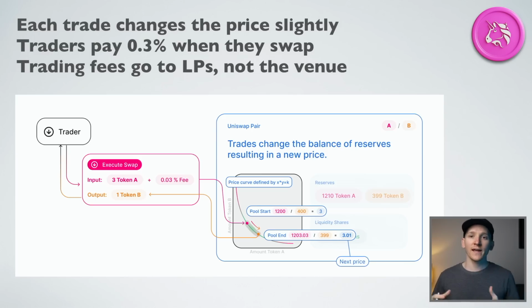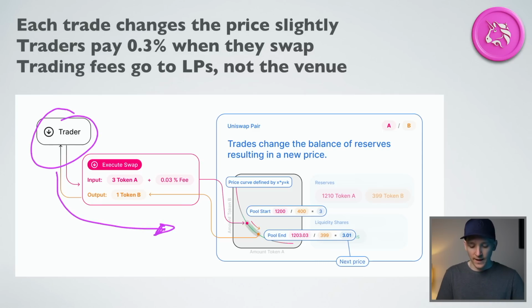The way that an automated market maker has price discovery, unlike on an order book, is to change the price based on each trade. So the price obviously has to change dependent on the supply and demand of the coins in the pool. When a trader trades, they put two tokens in a ratio and pay their fee. But the ratio of both of the coins is going to change because there's a supply and demand difference.